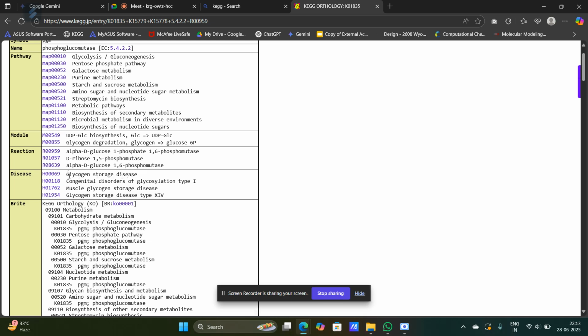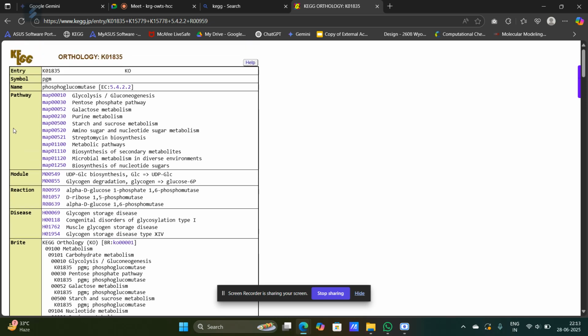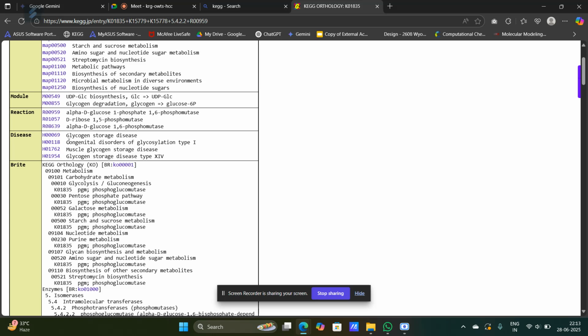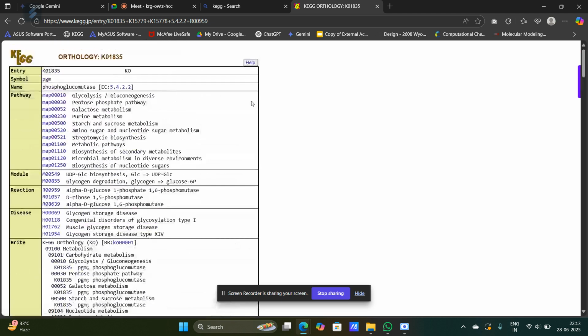In glycogen storage disease, this enzyme plays a role, or is present in that pathway. And even in congenital disorders of glycosylation type 1 and muscle glycogen storage disease. So in all these diseases, this phosphoglucomutase plays a role or is present.